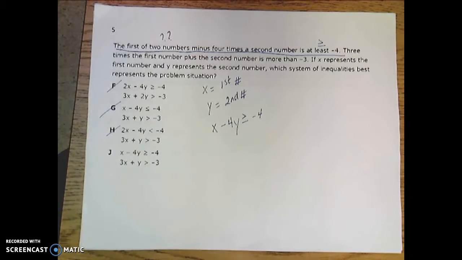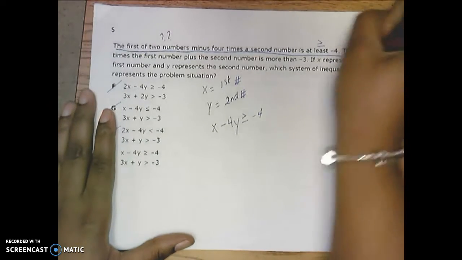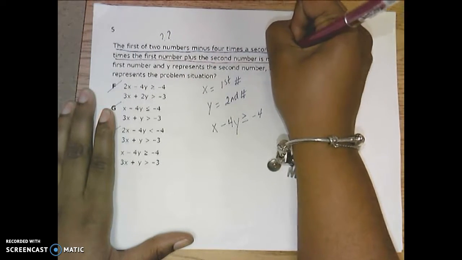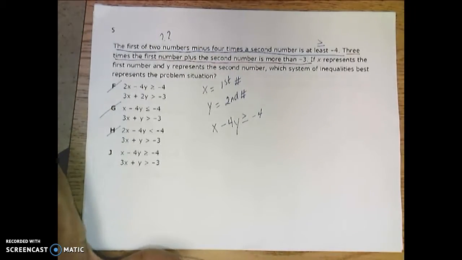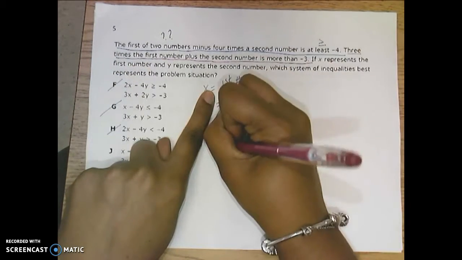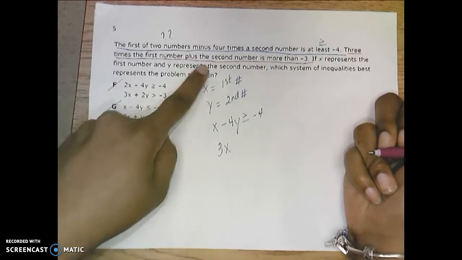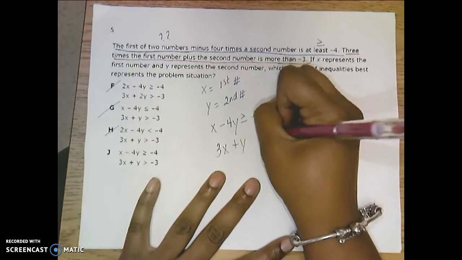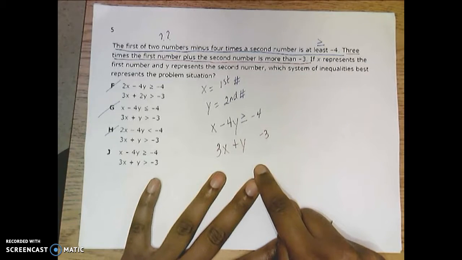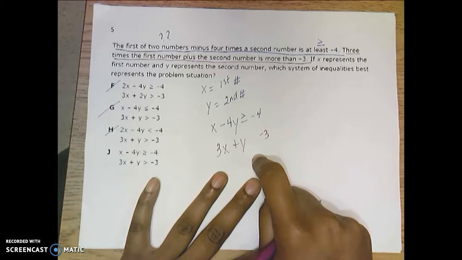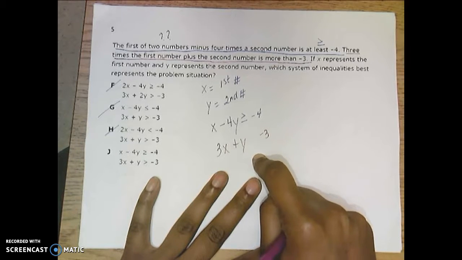3 times the first number plus the second number is more than a -3. So 3 times the first number, x is my first number. So that's going to be 3x. Plus the second number is going to be more than a -3. To figure out what that more than means, you need more than a 70 to be able to participate in UIL competitions.